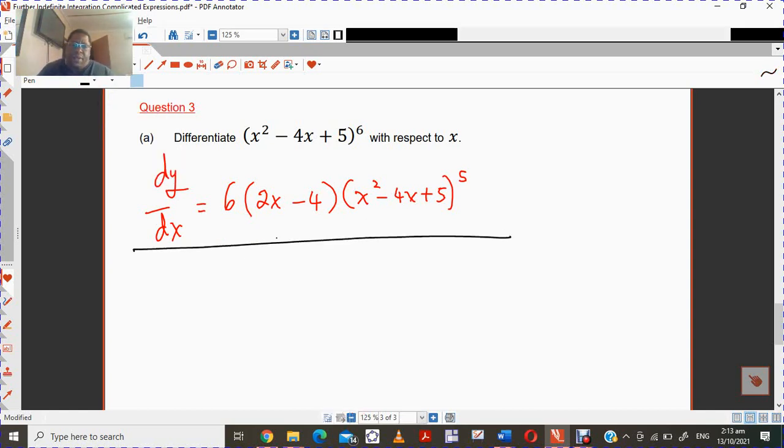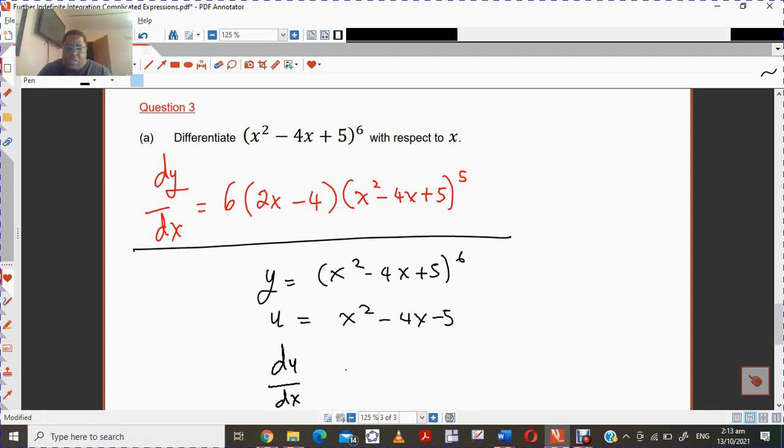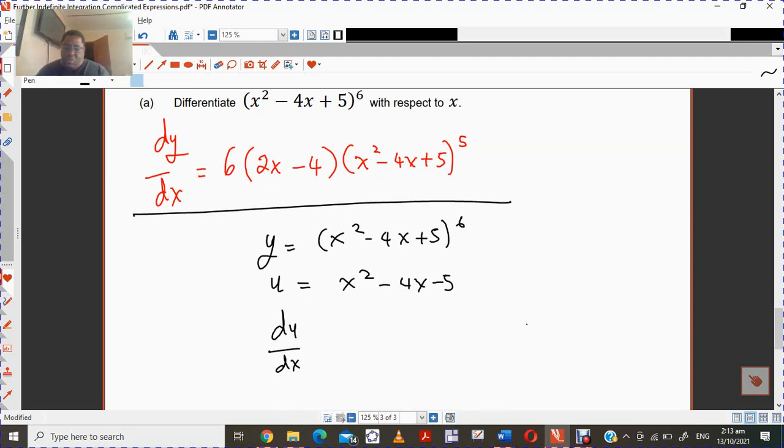I've done it actually, but I have not done let u equal to that. So the way you start, you say y equals (x² − 4x + 5) all raised to the power of 6, and then you can say u equals x² − 4x + 5. Here du/dx is nothing but 2x − 4.